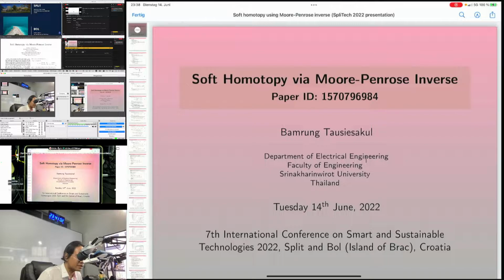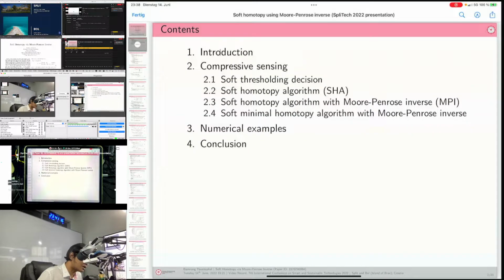Okay, the talk of this presentation will start with the introduction, and after that we are going to talk about the compressive sensing problem, and we will see the basic idea in decision criteria, which is the soft thresholding. We will see the conventional method, which is the soft homotopy algorithm, and we will see the proposed ideas.